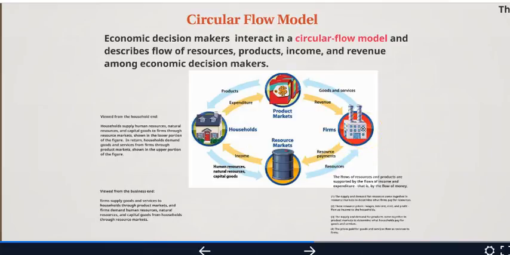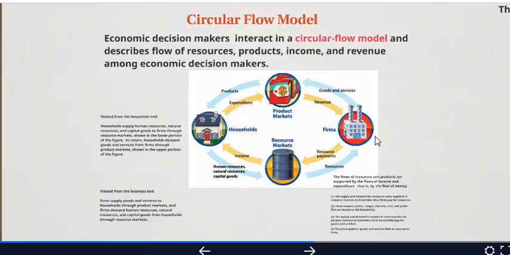Viewed from the business end, firms supply goods and services to households through product markets, and firms demand human resources, natural resources, and capital goods from households through resource markets. So it's circular. The flows of resources and products are supported by the flows of income and expenditure, by getting money and spending money.